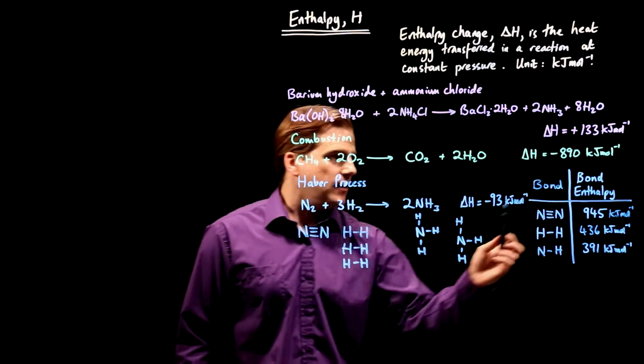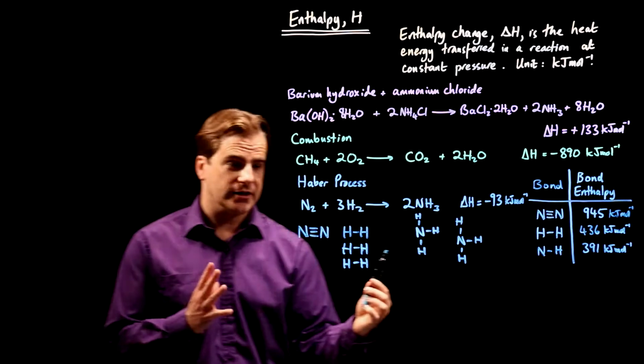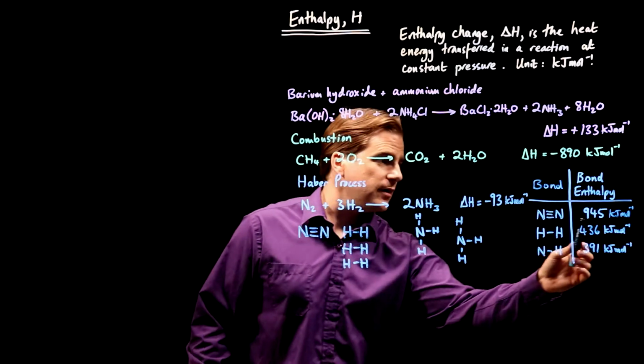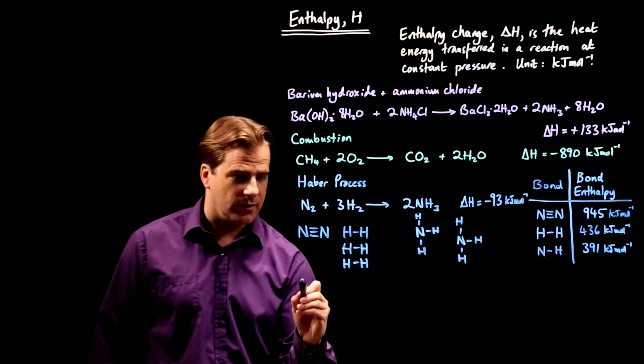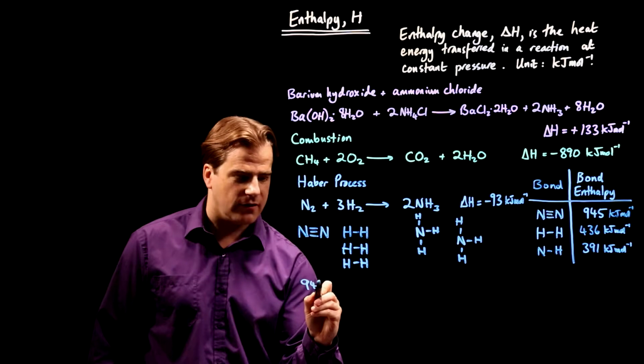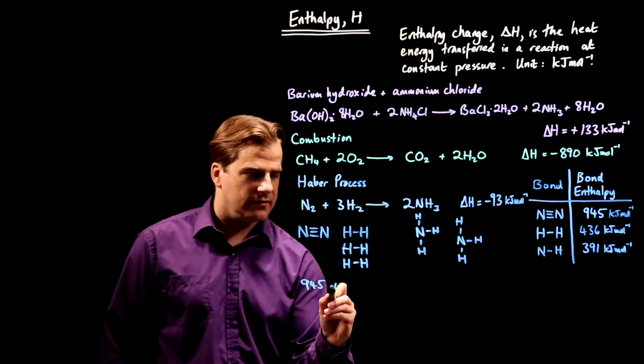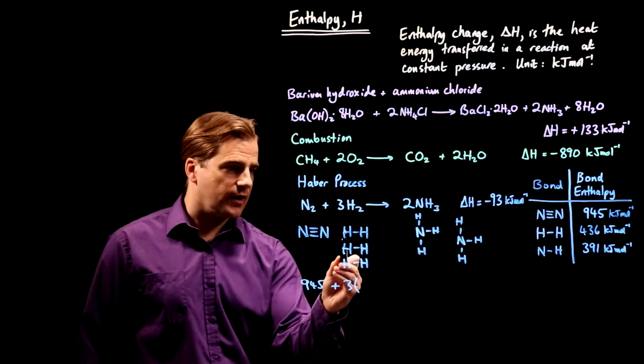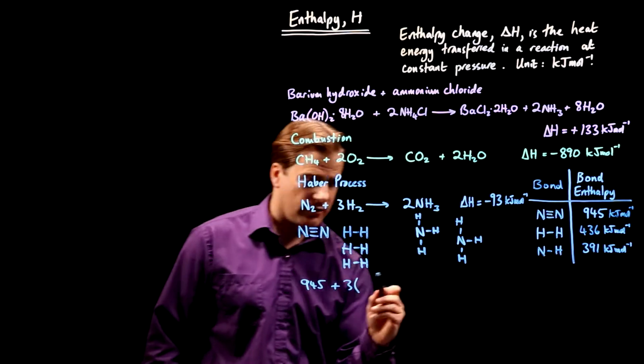So, the bond enthalpy, or chemical potential energy, stored in this bond, a nitrogen-nitrogen triple bond, is 945 kilojoules per mole. Okay, it's 945 plus 3 of the enthalpy stored in an H-H bond, which is 436.